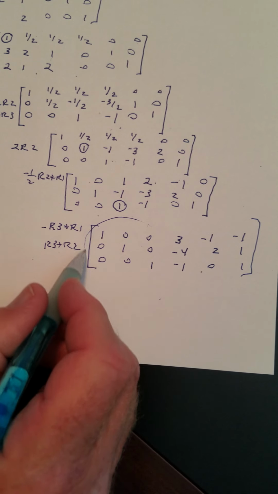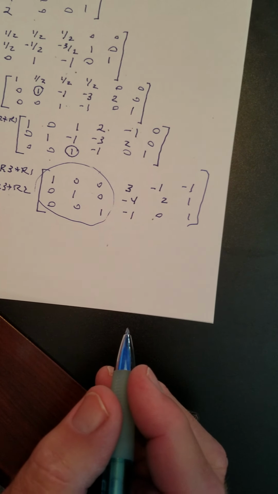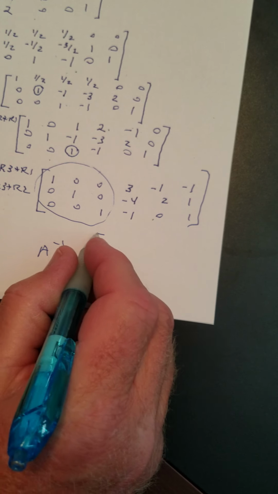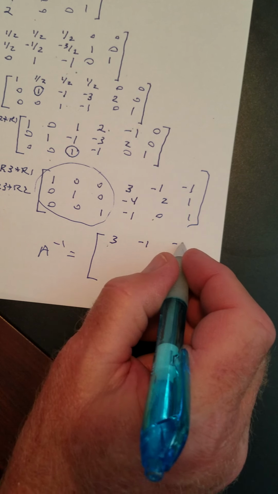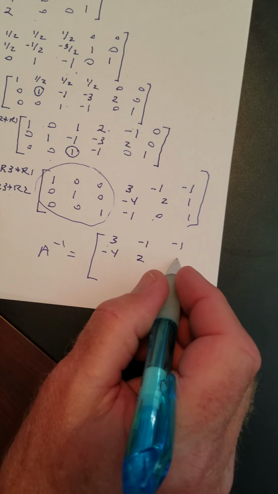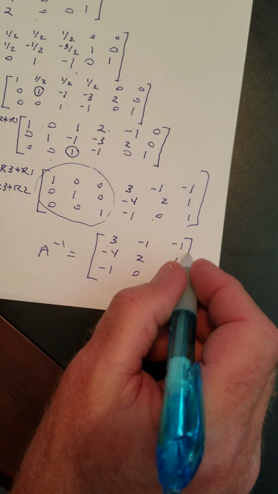So now when you look at this part right in here, there's your identity on the right. Which tells us the inverse is 3, negative 1, negative 1, negative 4, 2, 1, negative 1, 0, 1.